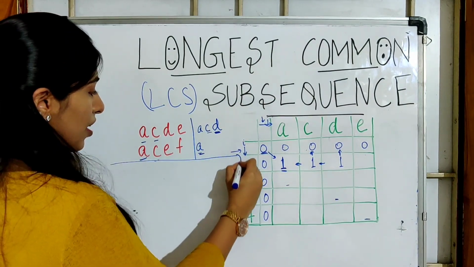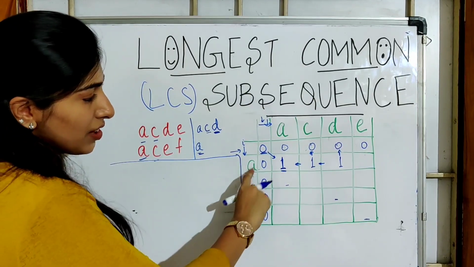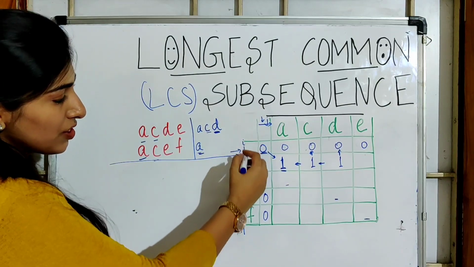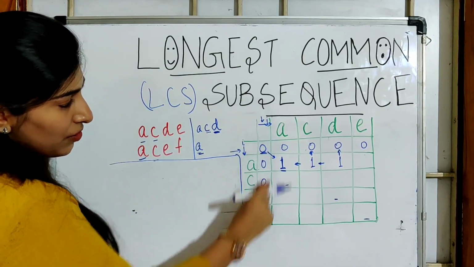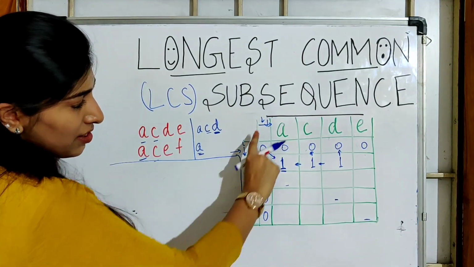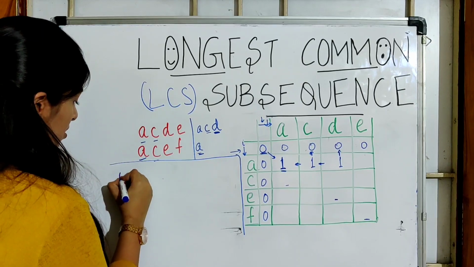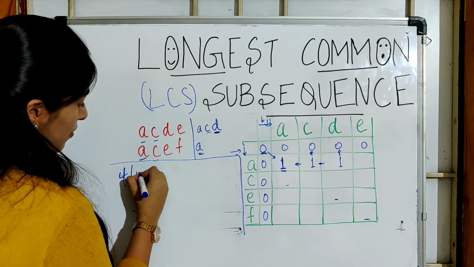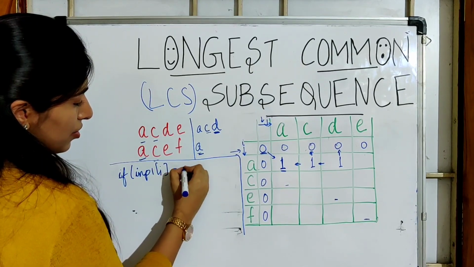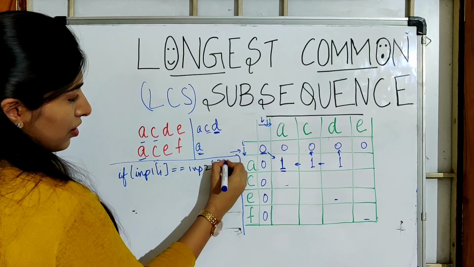Okay, so I'm going to write a general formula. So what are the cases? One case is when these two characters may be equal. So if this is our input 1 and this is our input 2, we are using variable i to traverse the rows and variable j to traverse our columns. So one case is if input1[i] is equal to input2[j], right?